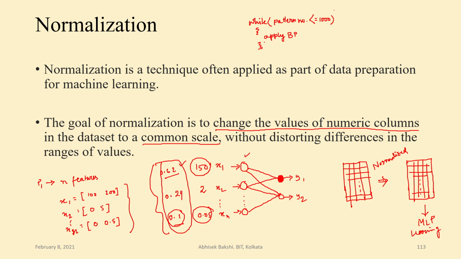But as soon as this pattern number 1,000 is completed, what to do? We have to restart again, just like you have completed chapter 1 to 5 and again you are reading from 1 to 5.